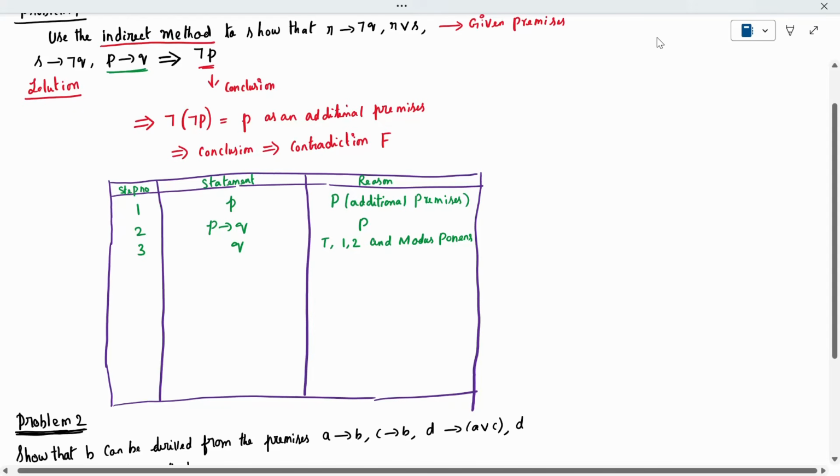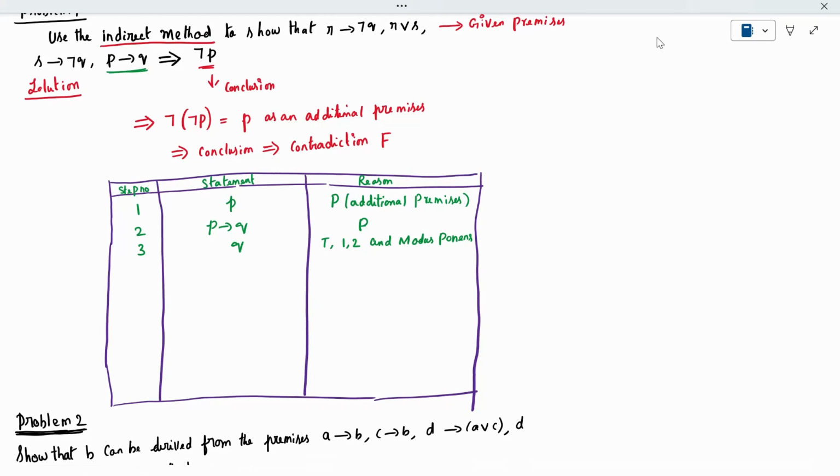For a P rule, there is no need to write a reason. Everywhere I apply a law, it is called rules of inference. Whether it is an equivalence, a conjunction, or hypothetical syllogism, any rule is called T rule.